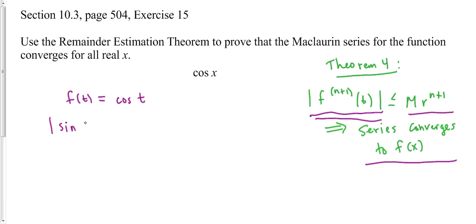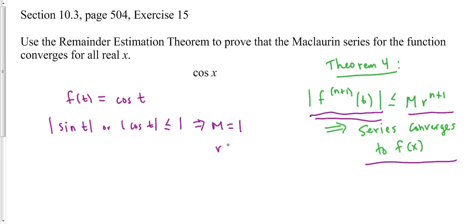So the absolute value of sine t or the absolute value of cosine t are both going to be less than or equal to 1. Sine and cosine have maximum values of 1 and minimum values of -1. So if we take the absolute value of those functions, we're going to get something that's less than or equal to 1. Now this is an upper bound, which means that we can let M be equal to 1.